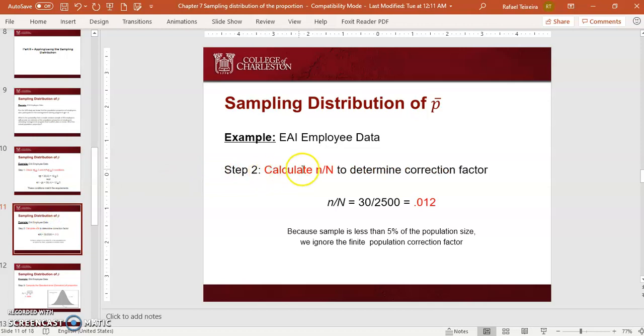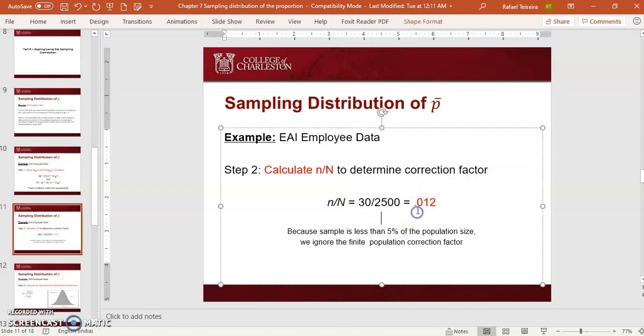Step 2 is to calculate the ratio of sample size over population size. It's the same as we computed for the sample mean, because it's the same kind of problem. The resulting ratio is 0.01, which is smaller than 0.05. Because of that, we don't need the correction factor.